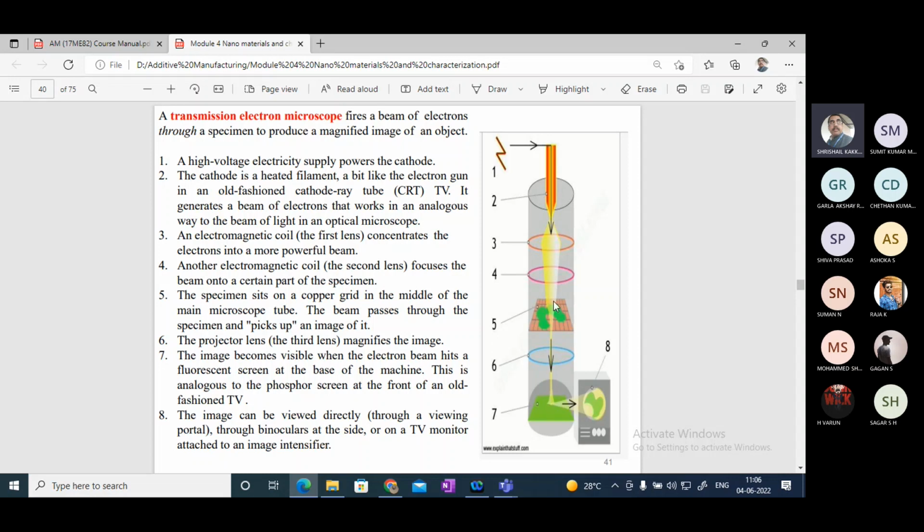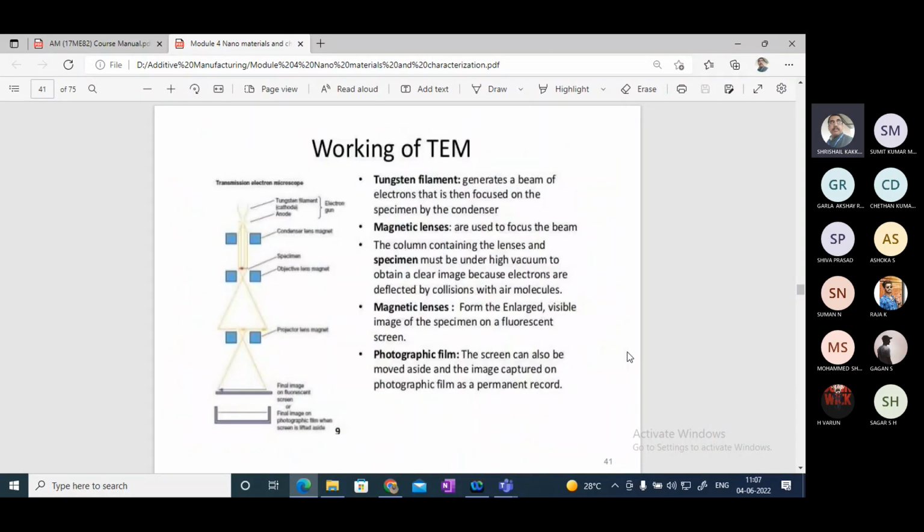On this a specimen will be kept, and the electrons falling onto it let us visualize its image in terms of millions of magnification. Even recent transmission electron microscopes can give you a printed output also. The accuracy will totally depend on the type of electron microscope you select.